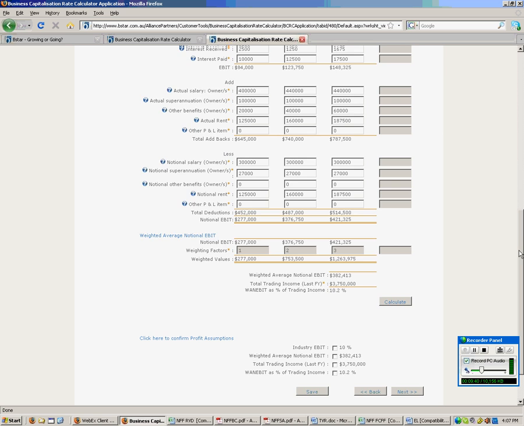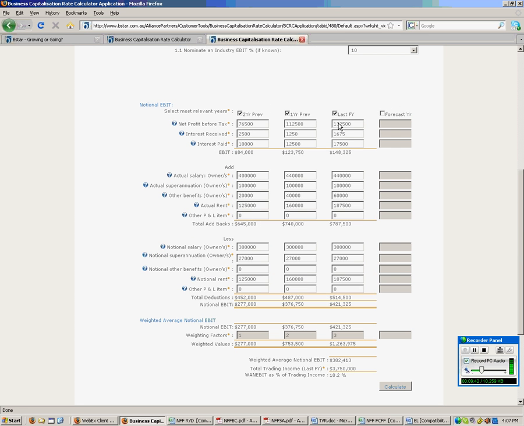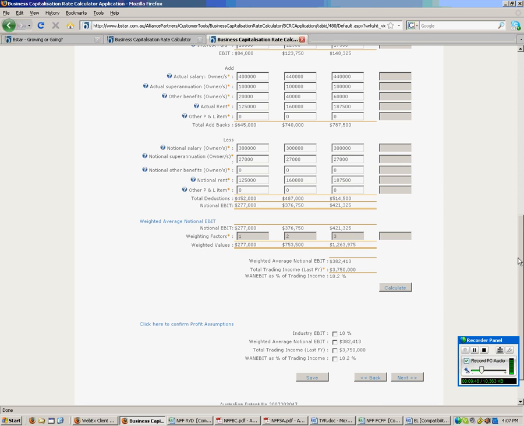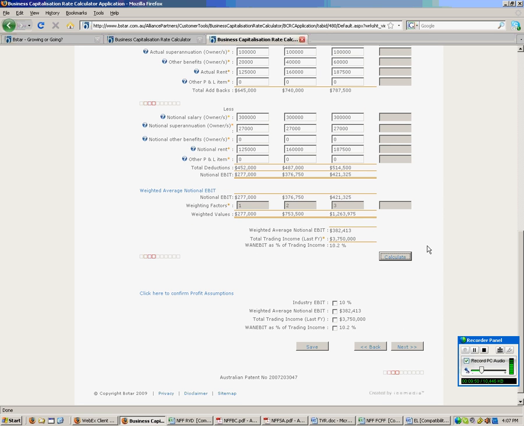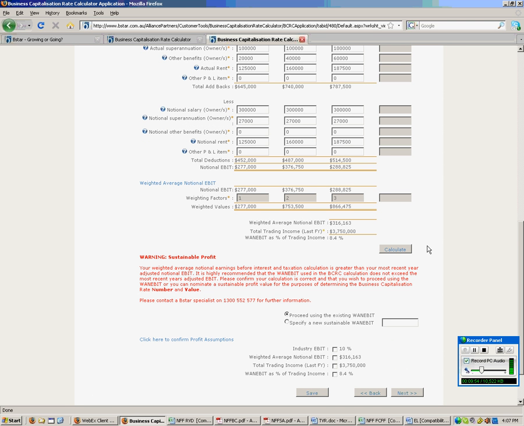For example, if I reduce last year's profit to 0 and recalculate the weighted average notional earnings before interest and tax, you can see it comes up with a warning.